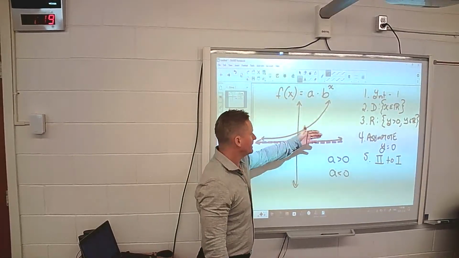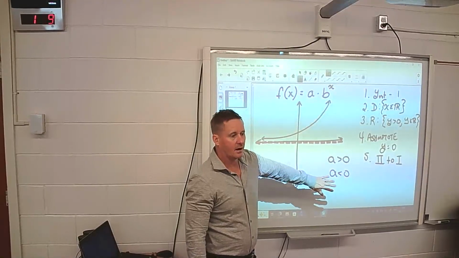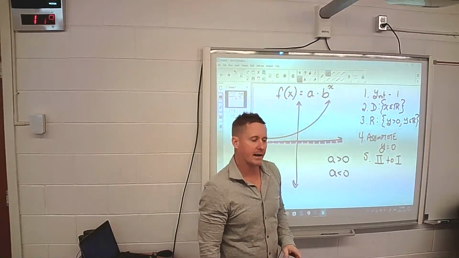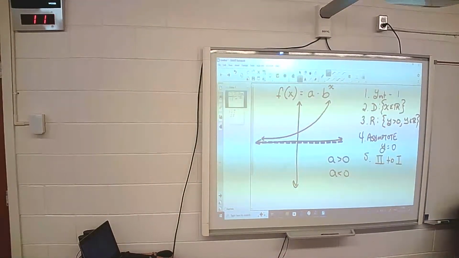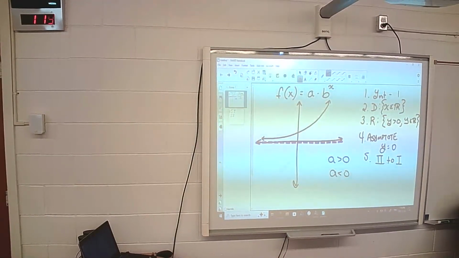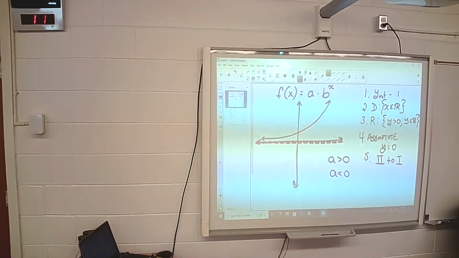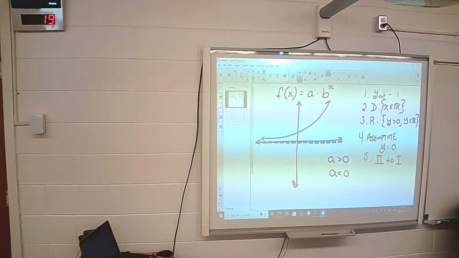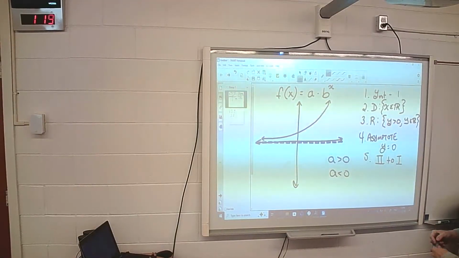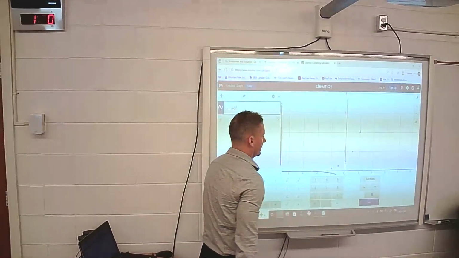What do you think happens here if that a is less than 0? I think it flips it down here. Why? What is the other shape that you have dealt with for 2 years now that it flipped over? Yeah, what is it? The quadratic. What happened when a was less than 0? It flipped and opened down. Yes? Okay, perfect. Okay, so let's have a quick look. Let's add the negative into here. Et voila.